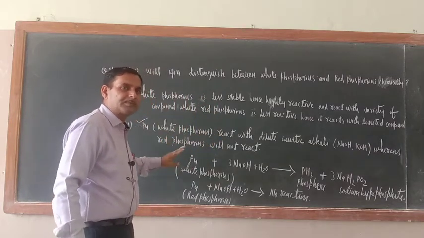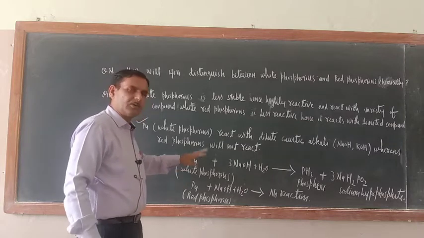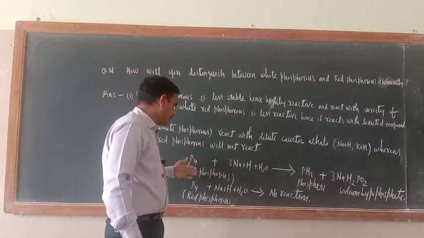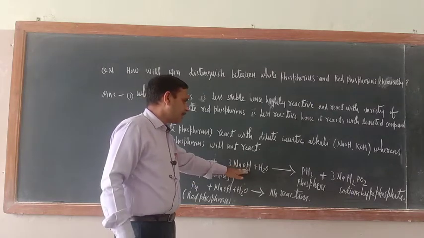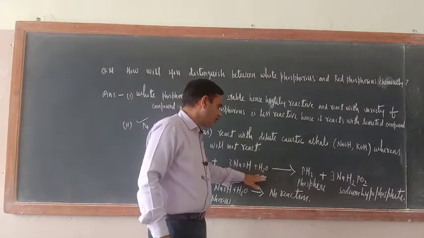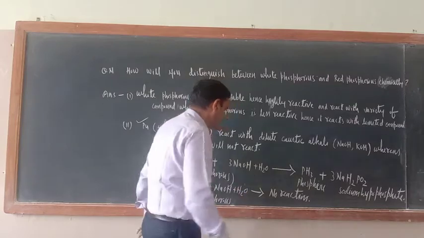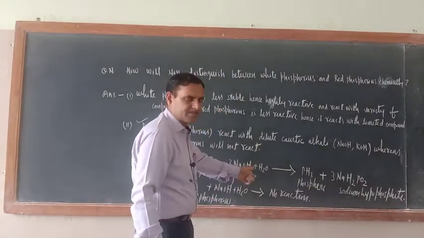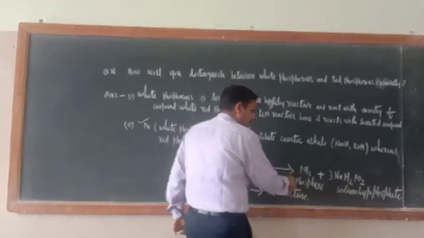Actually, how is the white phosphorus reacting with the dilute alkali? Just see, you can take KOH also. P4, that is the white phosphorus, plus 3NaOH and H2O. Okay, why H2O here? Because this is dilute alkali, so dilute alkali means water must be there. Now, what is the product here?